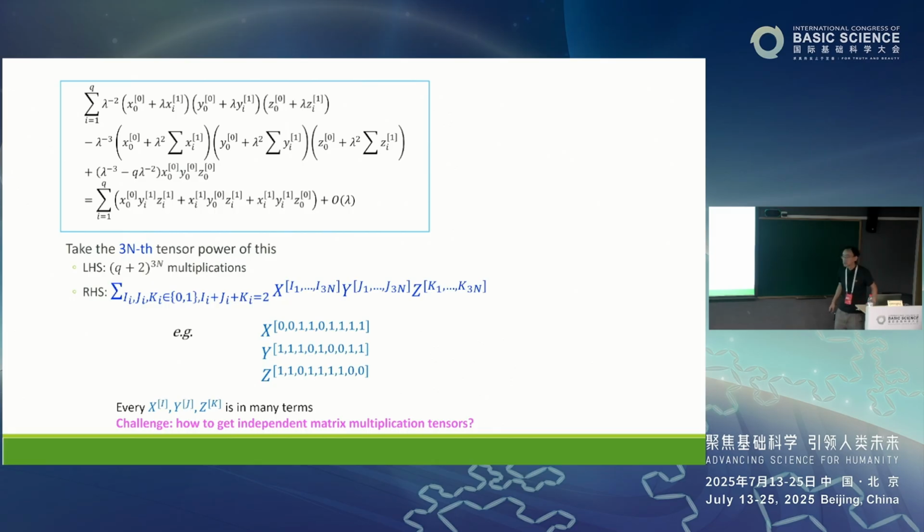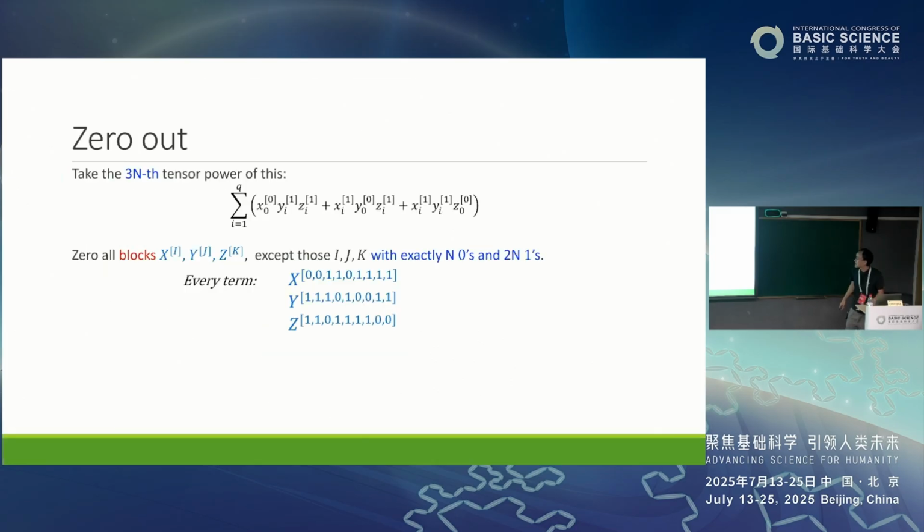Because of this, we only keep the i, j, k such that they have exactly n zeros, n ones and n twos. Which means that for every term, you can compute q to the n times q to the n matrix products.